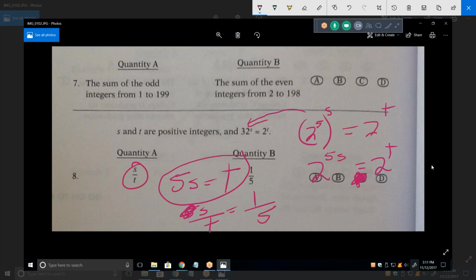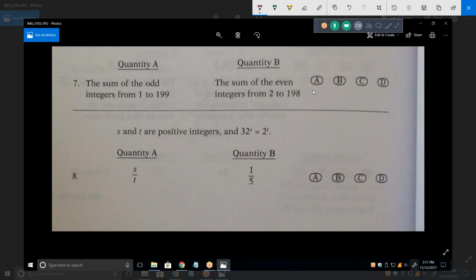So how do you recommend... S over t is 1 over 5. How should I memorize all the exponential aspects of 2? There's only 3 that you're going to have to deal with, and they're all the same base.